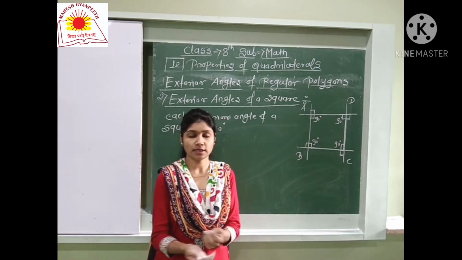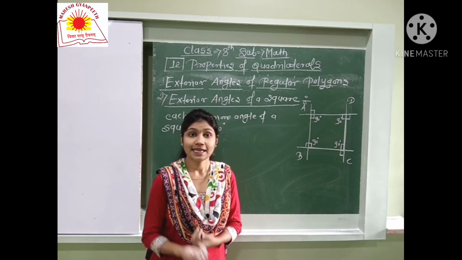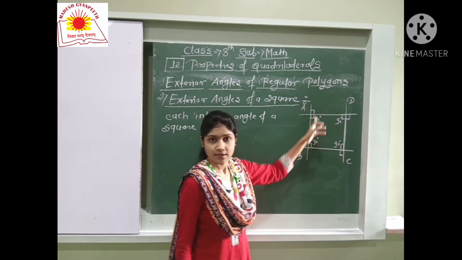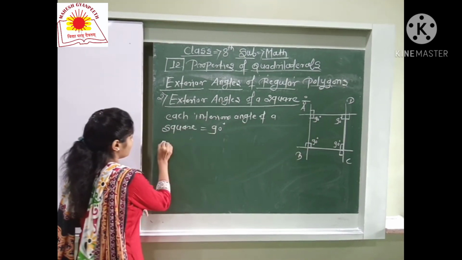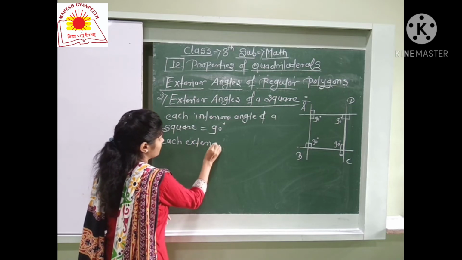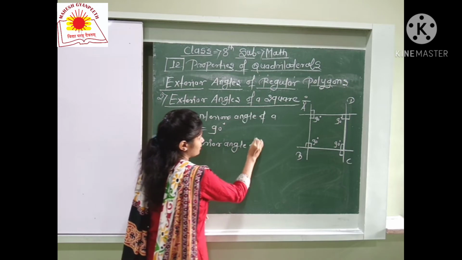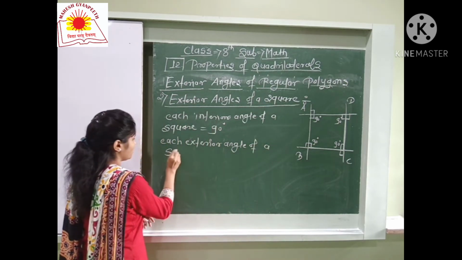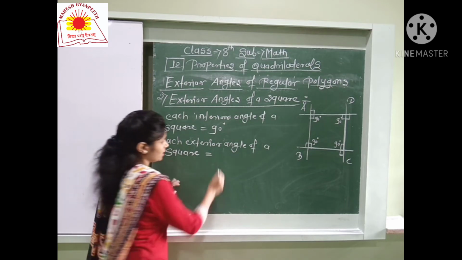Suppose you know the interior angle, then you have to find the exterior angle by using what? Linear pair angle. Okay. It is a linear pair angle. Then, each exterior angle of a square is equal to, what is that?